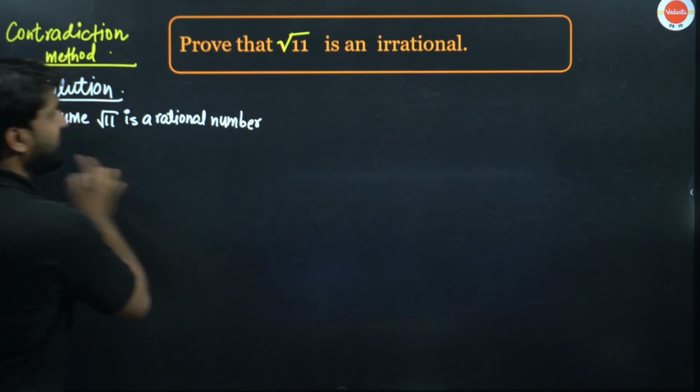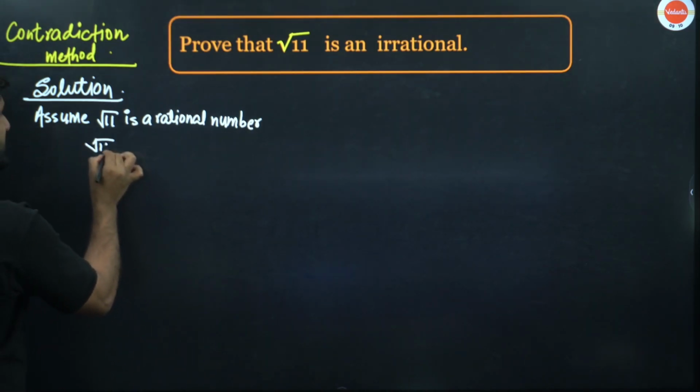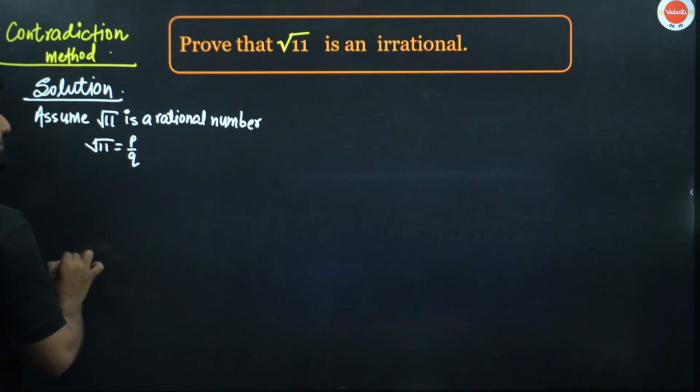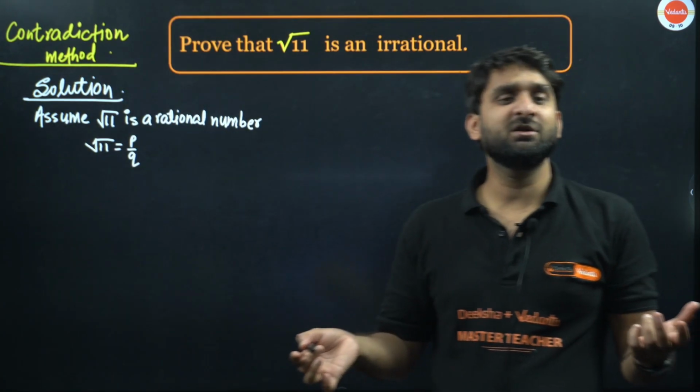Once you have assumed root 11 is a rational number, we can write root 11 as p by q, because it can be written in p by q form.